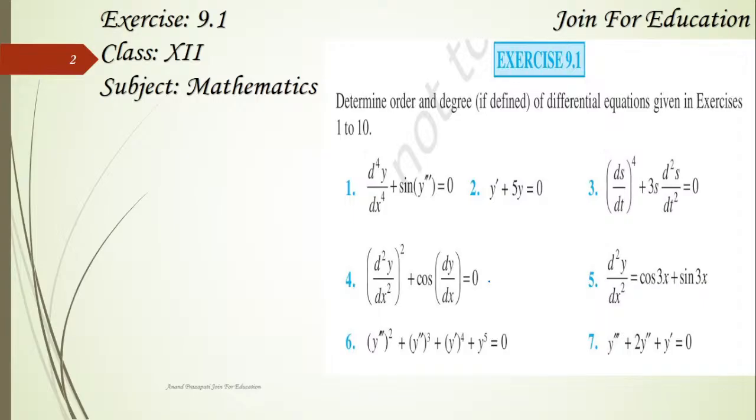So we start with question number 1. Here is the question number 1. d⁴y by dx² plus third derivative of sin y equal to 0. This is a differential equation and the highest derivative of this differential equation is d⁴y by dx². So let's see what will be the order of this one.